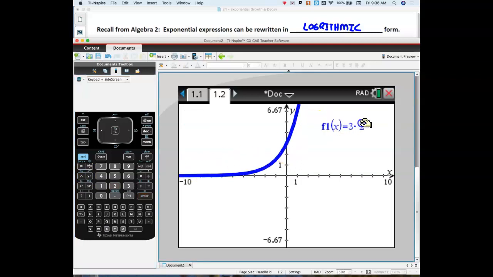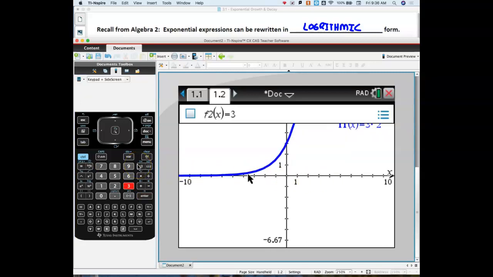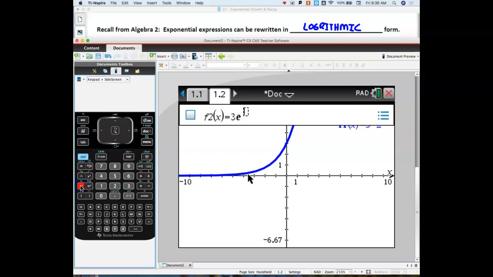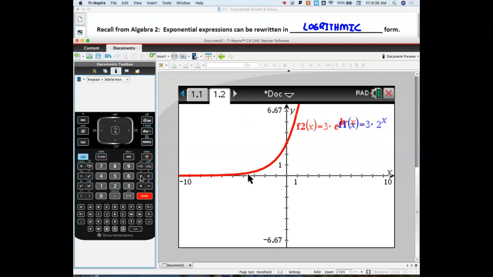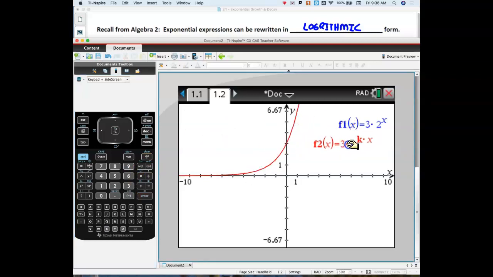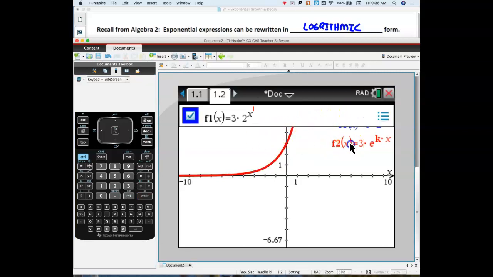My next function would be 3 times e to the kx power, oops, I got to put times in there, and there it is. Because I have it stored in as k, they go right over the top of one another. Okay.